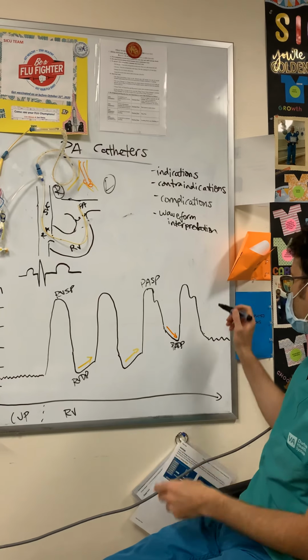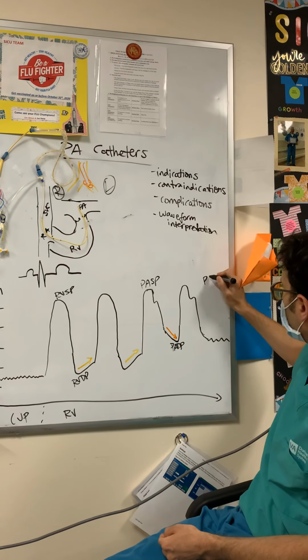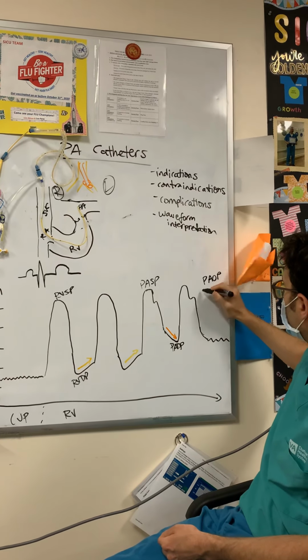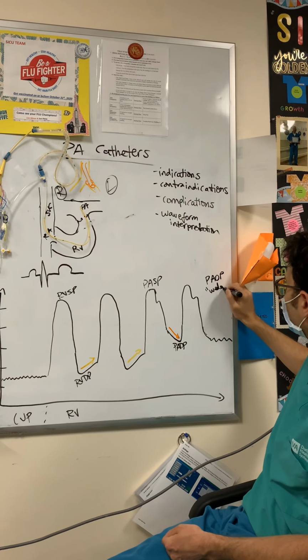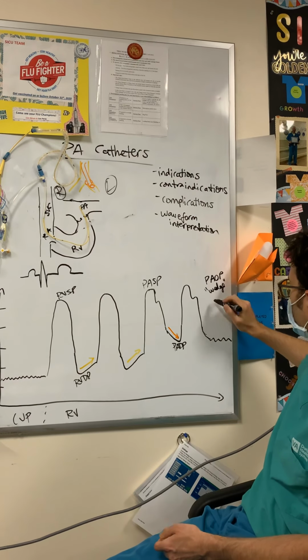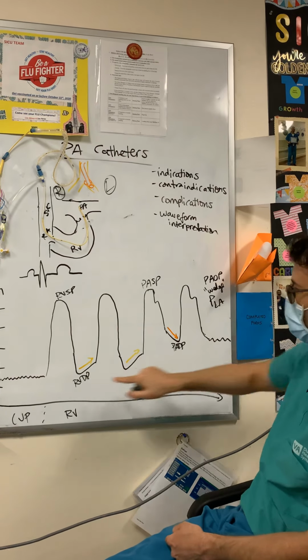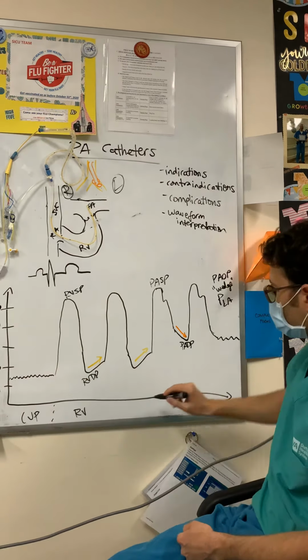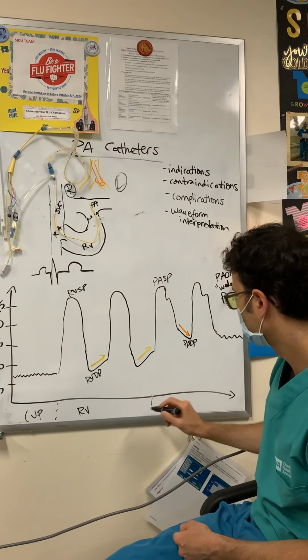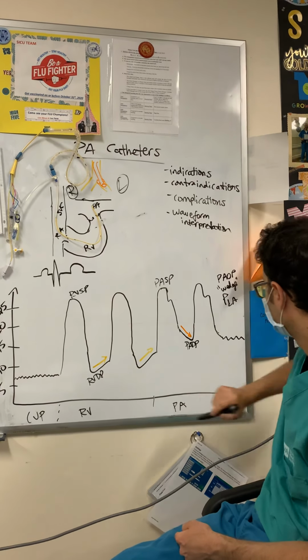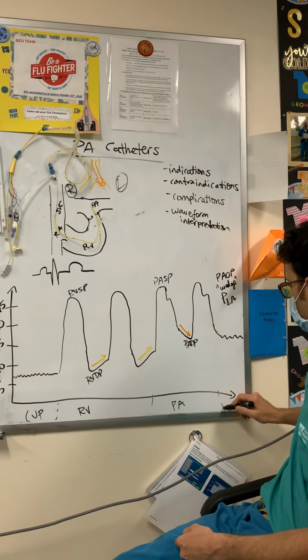Yeah. This is a so-called wedge pressure, or pulmonary artery occlusion pressure. This is an approximation of the pressure in your left atrium. Notice how this squiggly waveform is similar to your CVP waveform. We said this is RV, this is PA, and this is the wedge.